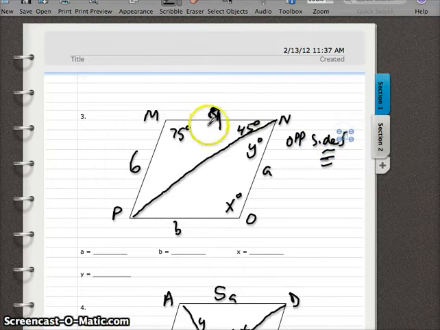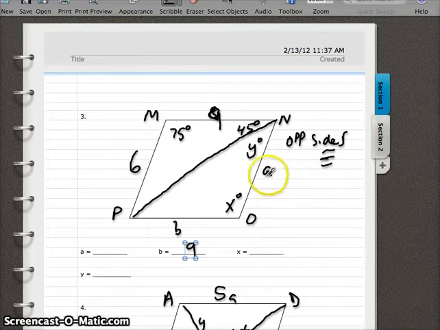So this side must be the same as this side. So B must have the same value as the length of that side, so B must be 9. Similarly, A and 6 are opposite sides. So this segment is the same as that segment. Opposite sides are congruent. So A must be 6.